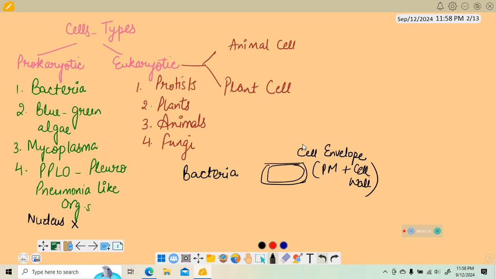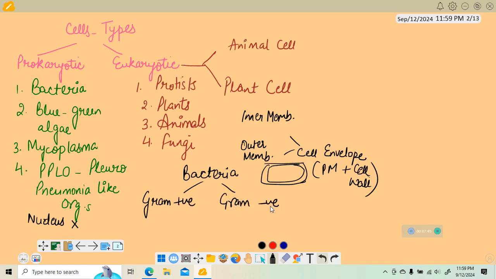So in the cell envelope, one is the inner membrane and the other is the outer membrane. Based on the cell envelope, bacteria is further divided into gram-positive bacteria and gram-negative bacteria.